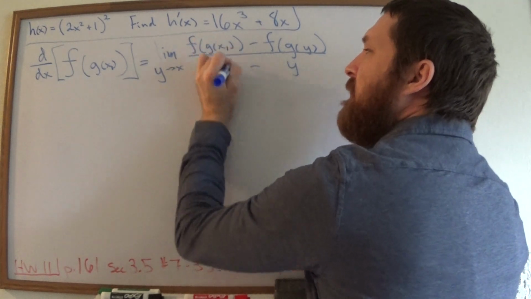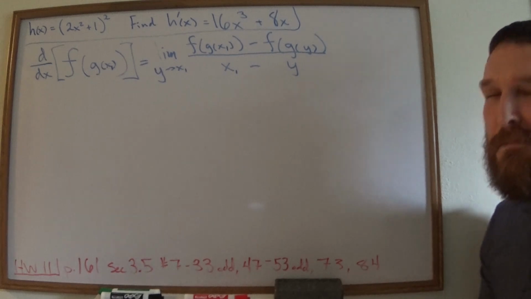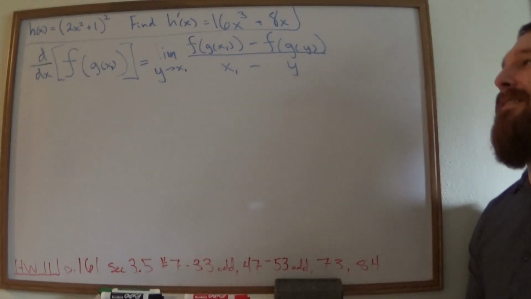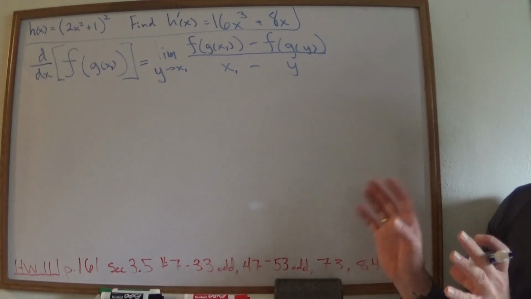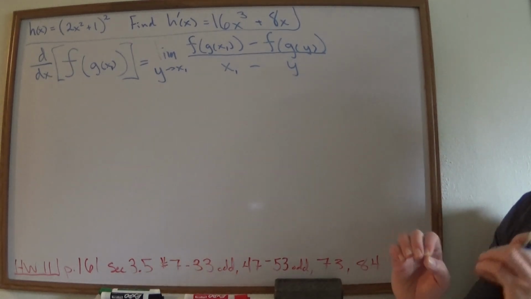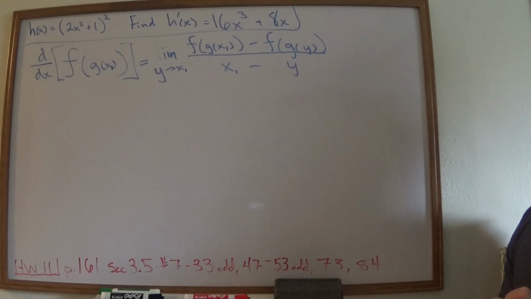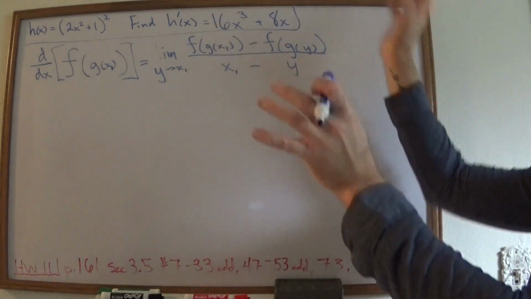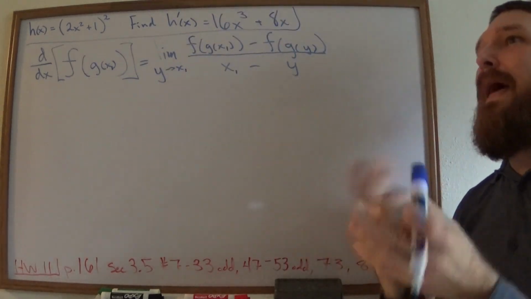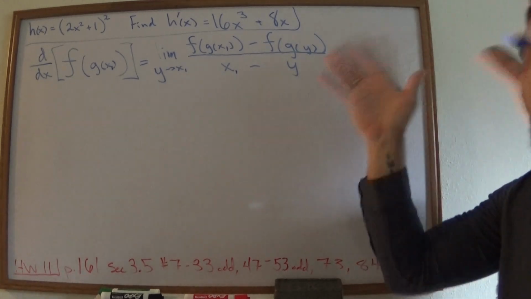I've just renamed x to be x1, there's nothing different going on here. Trust me, it's going to help a little bit. So that's still the derivative of this function, and after we figure out what it is, I could just rename x1 x, and it's exactly what we're looking for.